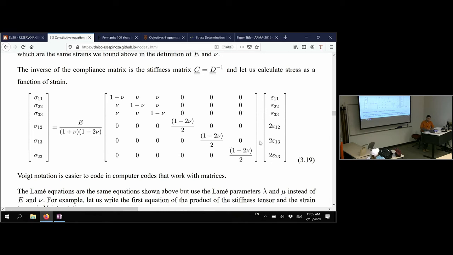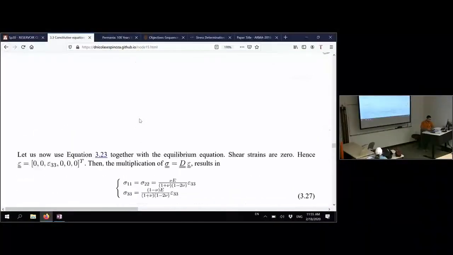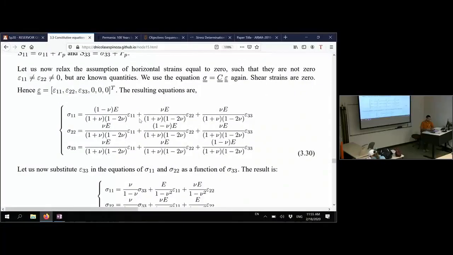Once you get those 3 equations, you solve all those equations to get rid of the vertical strain and to put that vertical strain as a function of the effective vertical stress, something that you know, and you're going to get equations that look like this. You see epsilon 1, epsilon 2, epsilon 3.